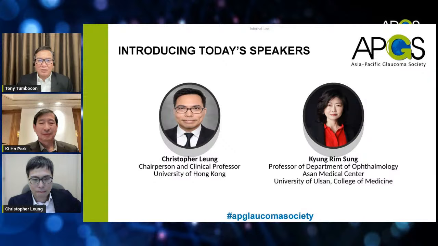His research focuses on glaucoma diagnostics, OCT, and neuroprotection. He has obtained several awards from ARVO, WGA, APAO, and AAO, among others. Professor Leung has numerous publications on glaucoma imaging and is considered an authority in this field. Tonight, he will give a talk on if we need anterior segment OCT for the diagnostic evaluation of angle closure. Professor Leung?